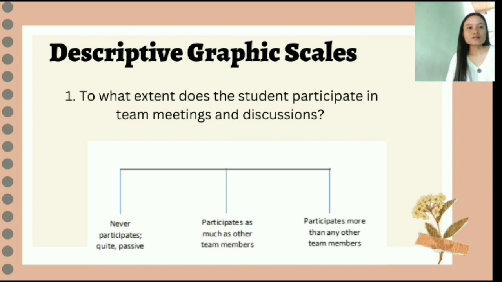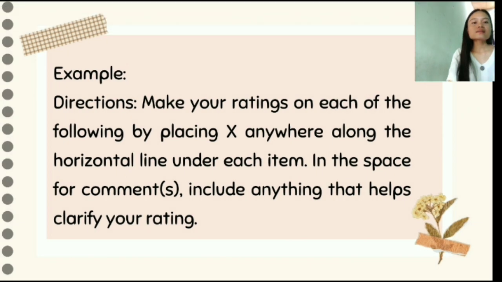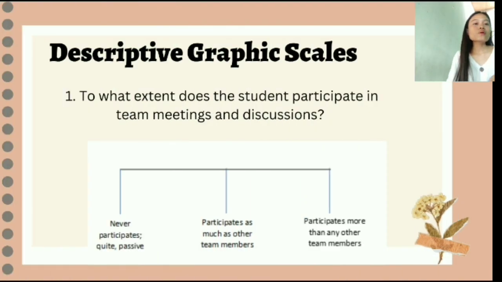This answers the question, to what extent does the student participate in team meetings and discussions? You just need to put an X anywhere along the horizontal line under each item for you to be able to assess the student's participation in team meetings and discussions.